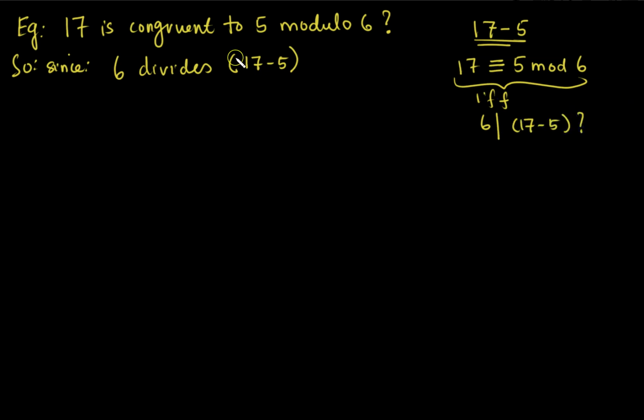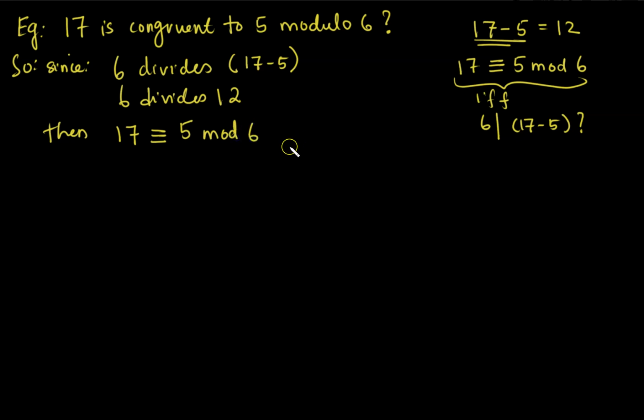Remember from the previous page? So 17 minus 5 is 12. In other words, 6 divides 12, right? So you don't have any leftover. Since 6 divides 12, 17 is congruent to 5 mod 6. So that's how you would write it.